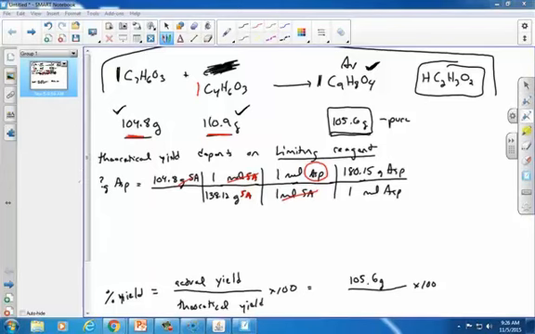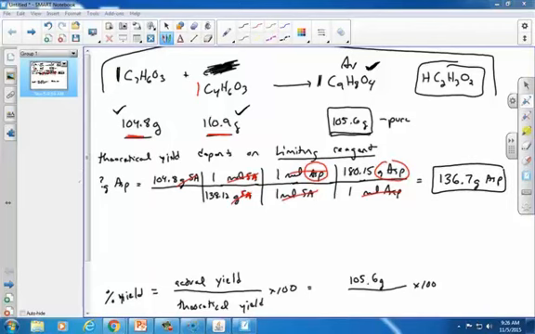When I cancel everything here, I've got this unit. So what I've just calculated when I multiply that through is that the maximum amount of product I could make is 136.7 grams of aspirin.